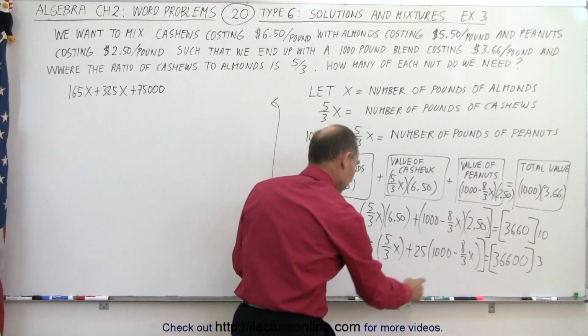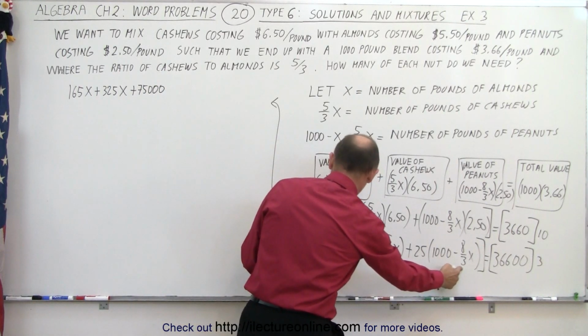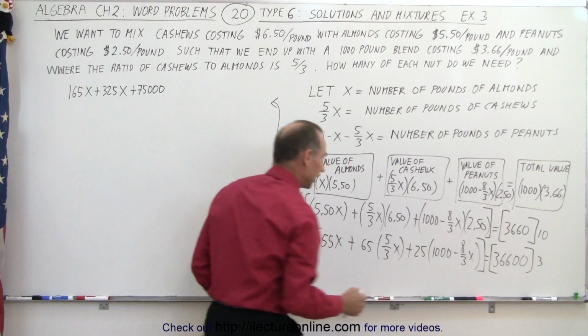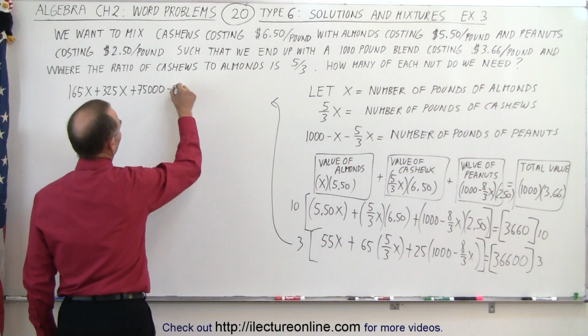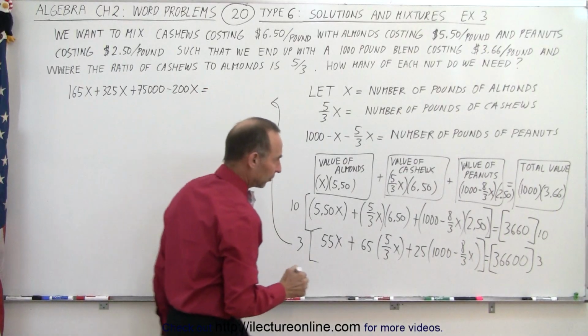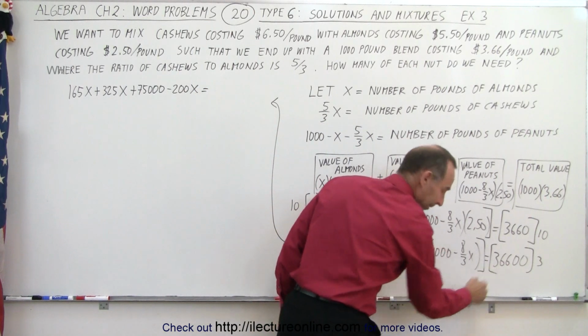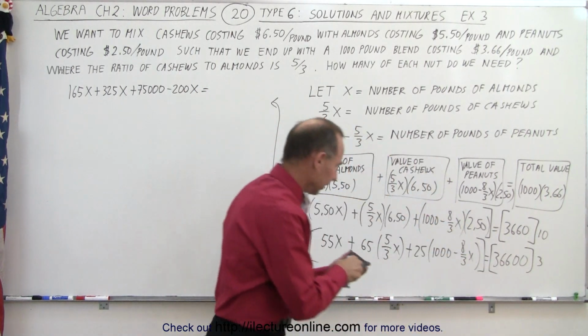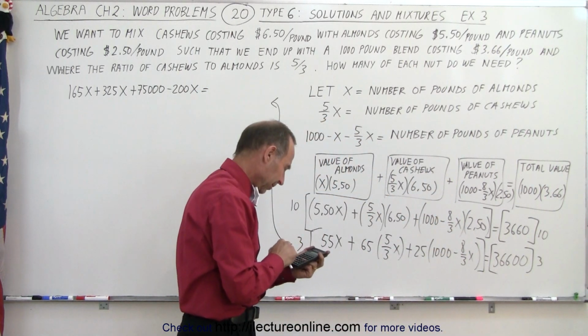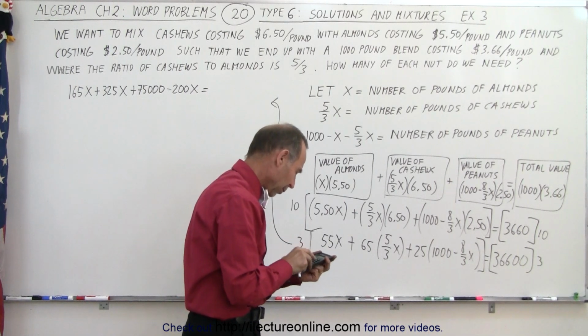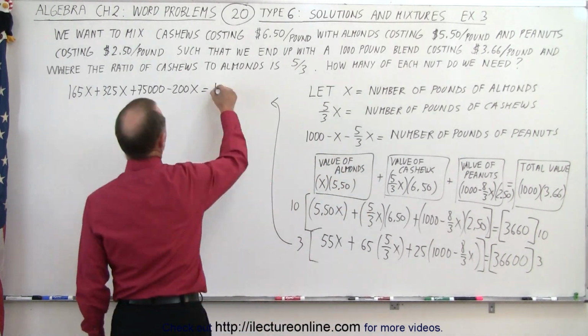The 3's cancel out here, so that leaves 25 times negative 8, which is minus 200x. And that equals, on the other side, 3 times 36,600, that's 109,800.